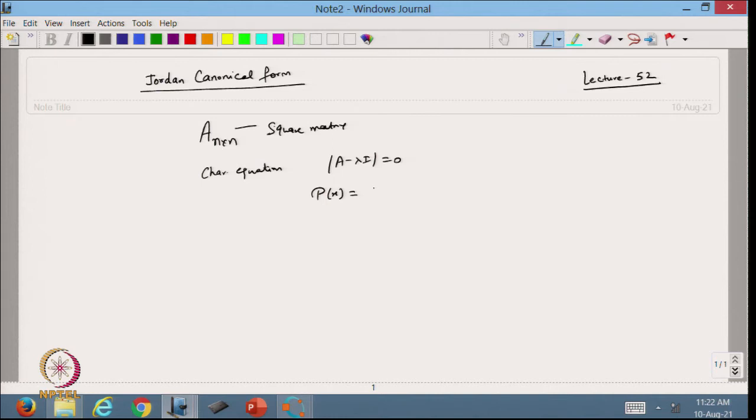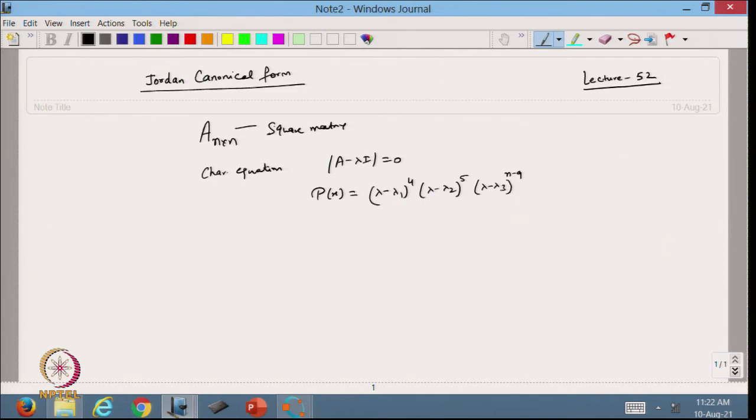Suppose I get the characteristic equation as lambda minus lambda 1 to the power 4, lambda minus lambda 2 to the power 5, and lambda minus lambda 3 to the power n minus 9, because it is nth degree.